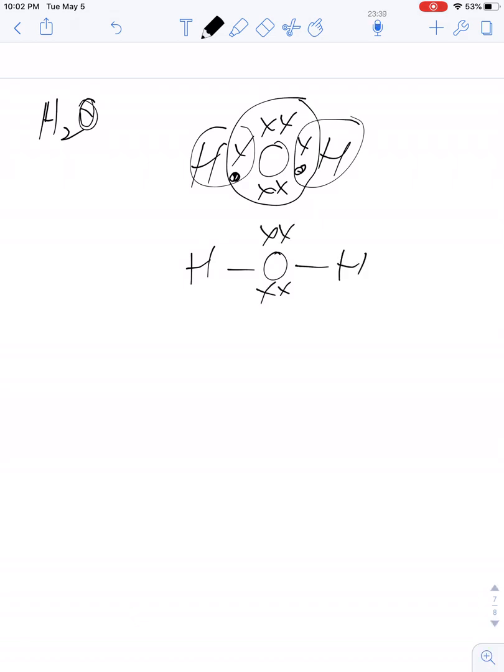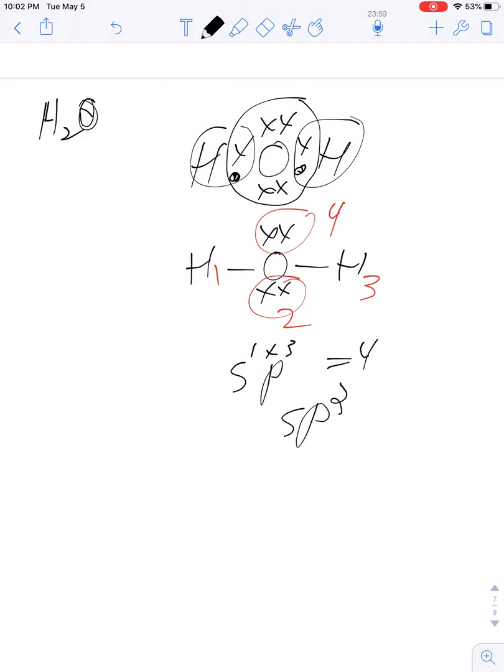How many things are attached to my oxygen? 1, 2, 3, 4. So that means my hybridization has to add up to 4. So 1 s plus 3 p's. So I have sp3 hybridization on my oxygen.